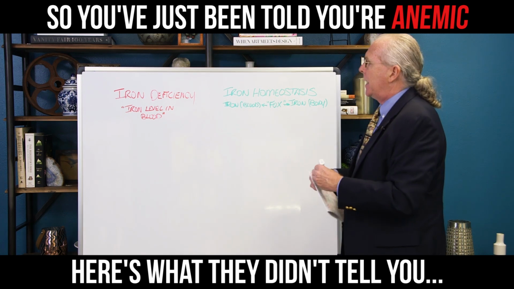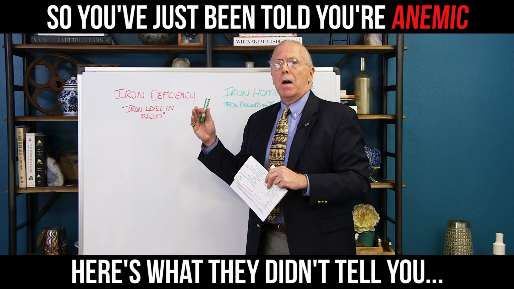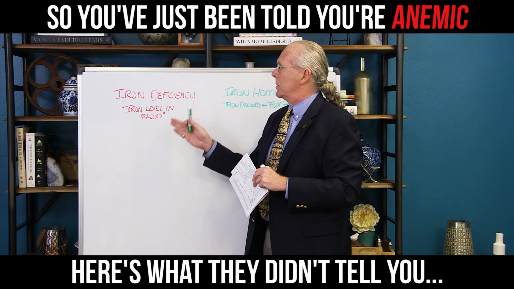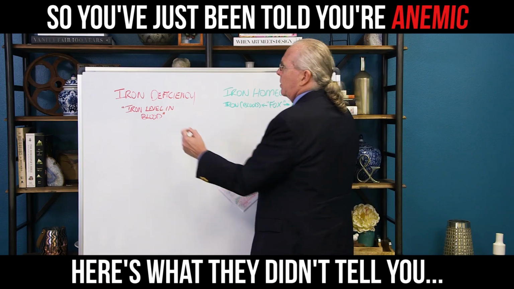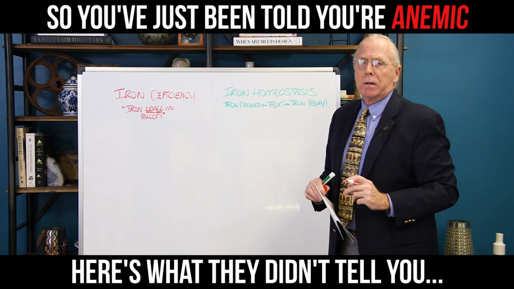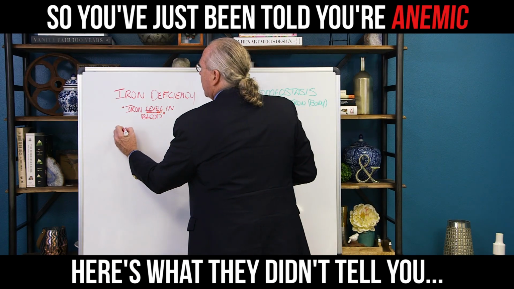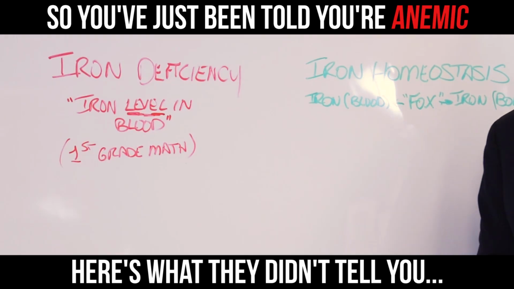And the way I characterize it is using a ferritin blood test to measure iron status, and all we're looking at is this issue of the level of iron in the blood. This is like first grade math, simple arithmetic.